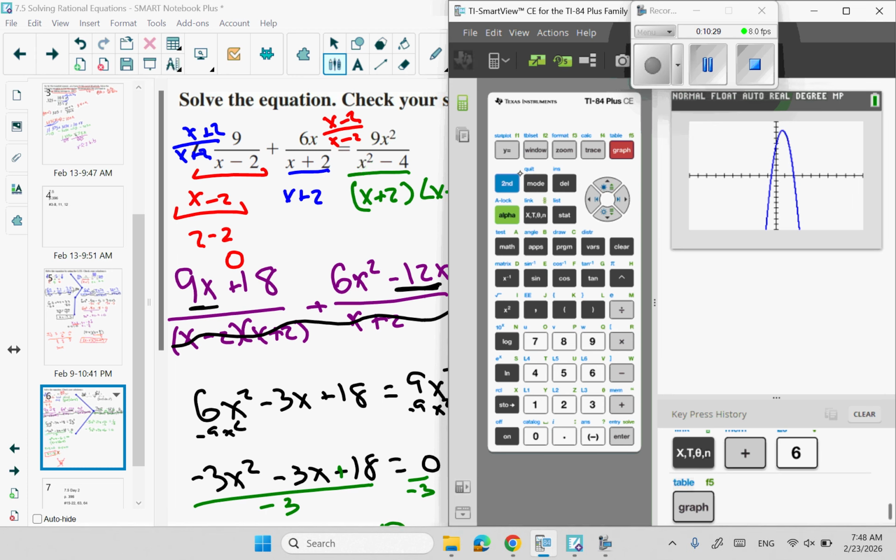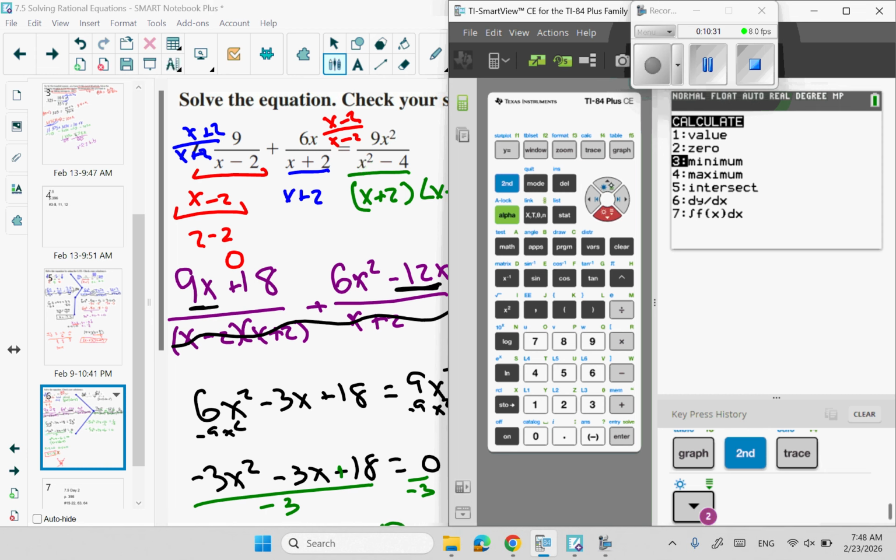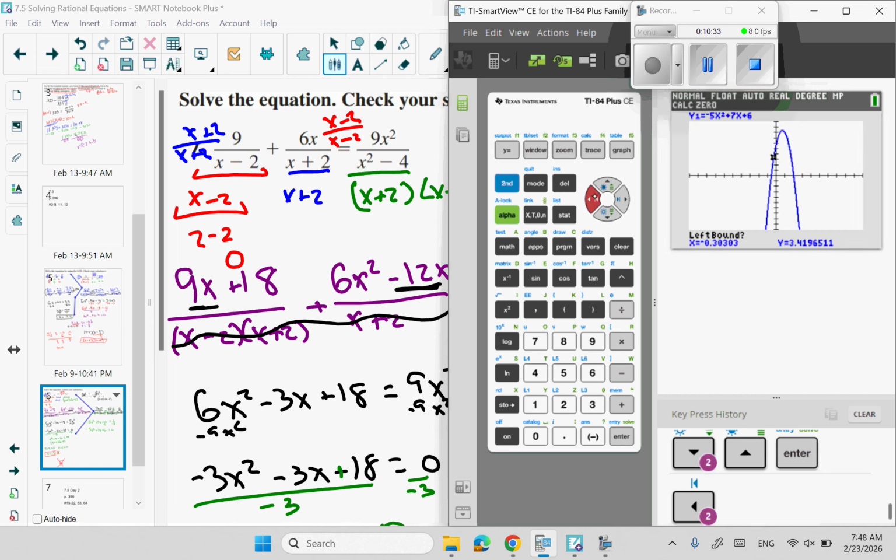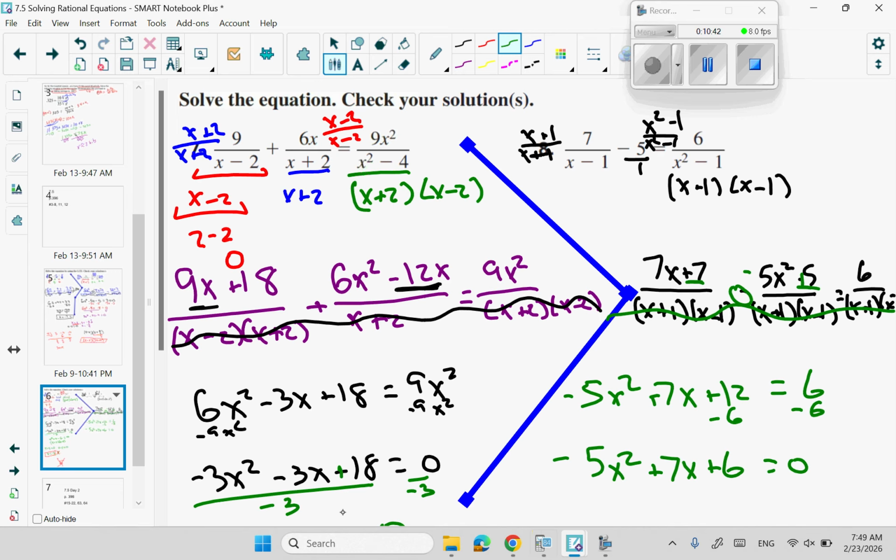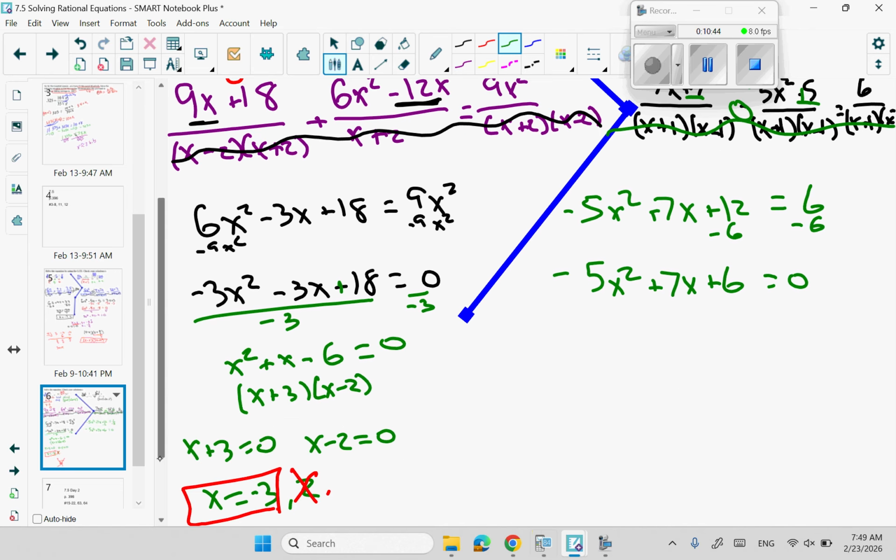It's like 2 again, and I can second calc 0. I get negative 0.6. So x equals 2 and negative 0.6.